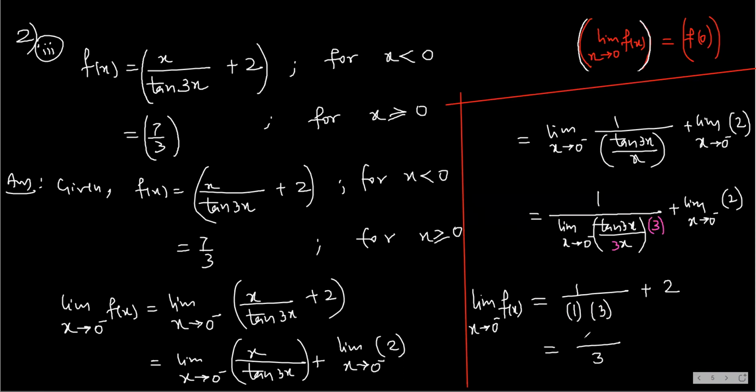And here you have 1 plus 6, that is 7 by 3. The left hand limit you are getting as 7 by 3. Now what you will do? You will go for the right hand limit.